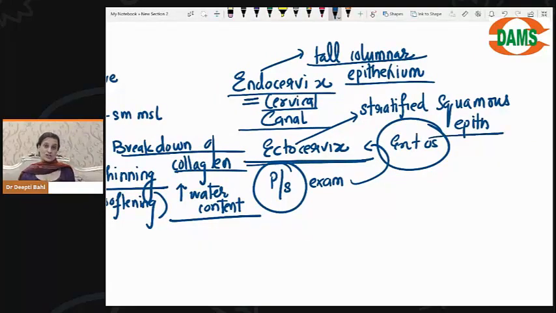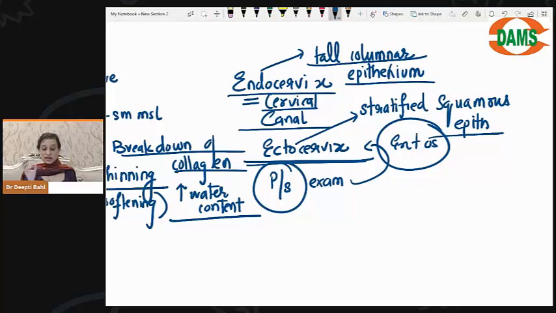So the inside of the cervix is lined by what? Tall columnar epithelium. Whereas the outside is lined by stratified squamous epithelium, which lies in the vagina. When you do a per speculum examination, this is the area of the cervix that you can see. You cannot see the entire cervix. You can only see the part which is lying in the vagina. What lies in the vagina is the opening, called the external os, and around it is the ectocervix.